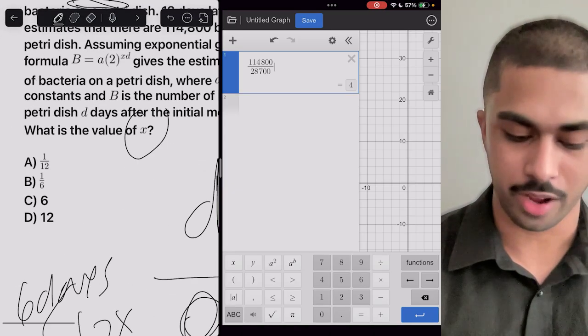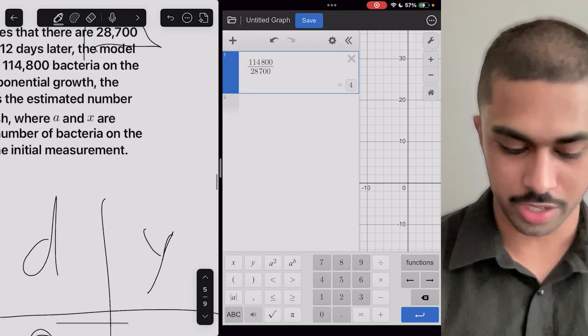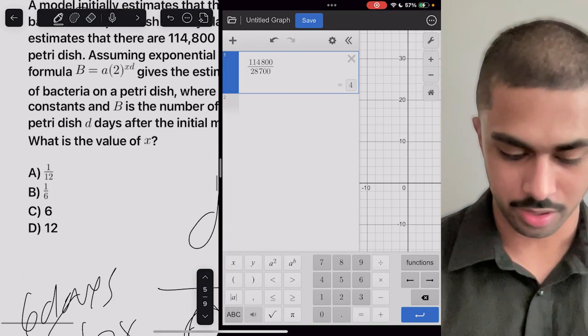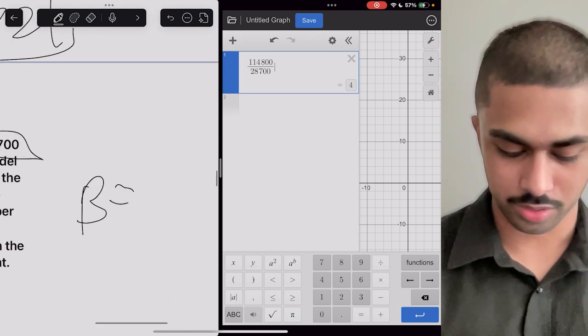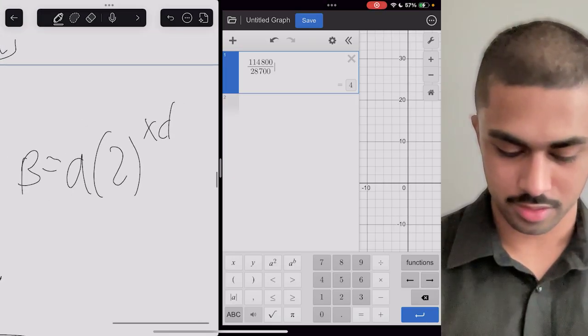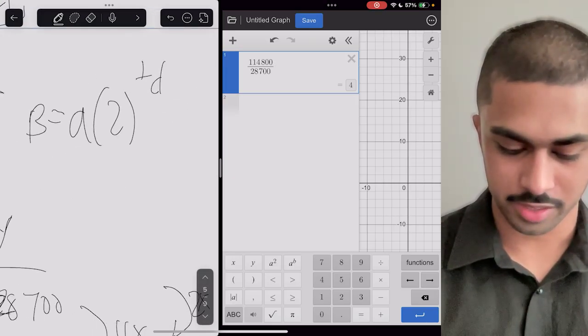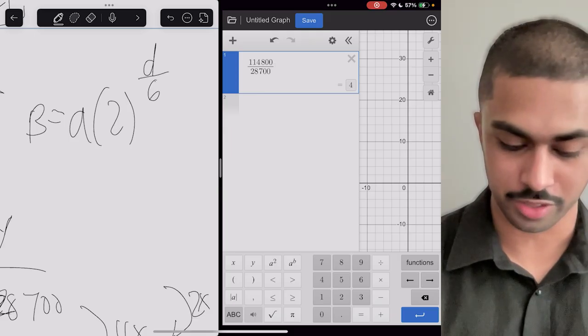because we're looking for the value of x. X is a constant. Now, let me put our equation right here. B equals A times 2 to the power xd. If x is 1/6, that means that if we simplify this, this is just d over 6.